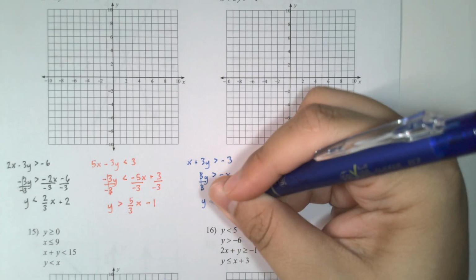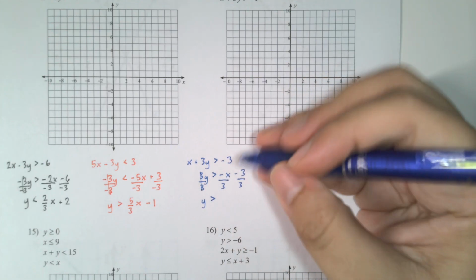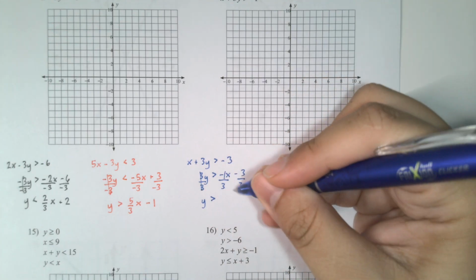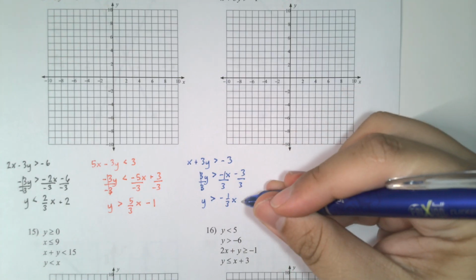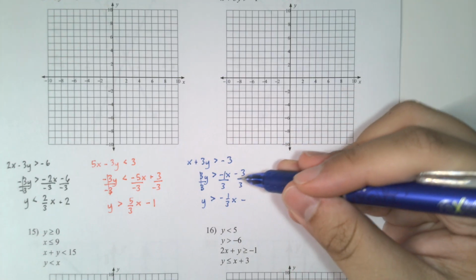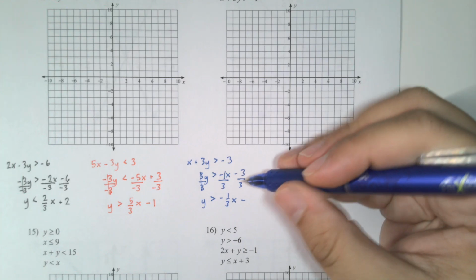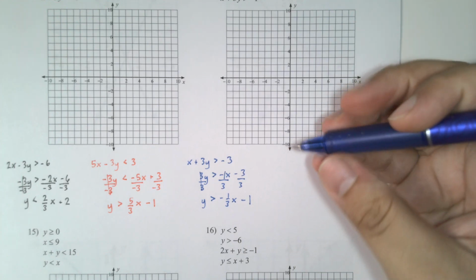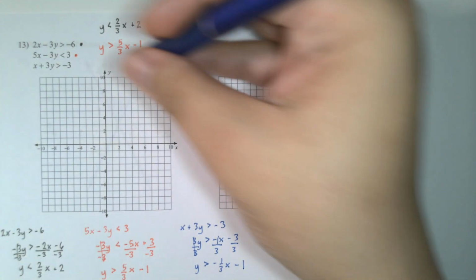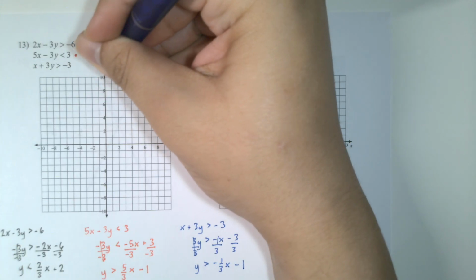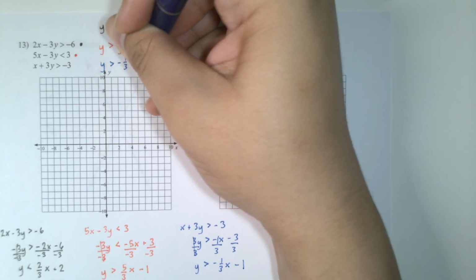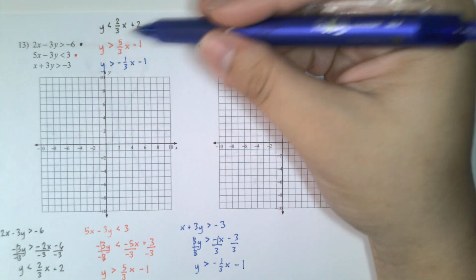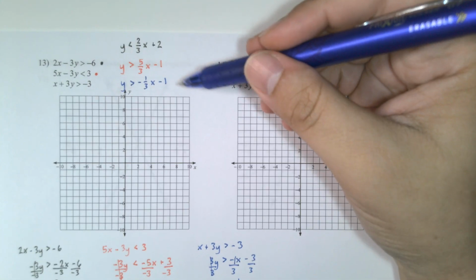We can just keep this as y is greater than negative 1/3 x, and then minus, we have negative 3 over 3, so it's going to be a minus 1. So now the last inequality that we have to graph is y is greater than negative 1/3 x minus 1. Now we're ready to graph all three of these.